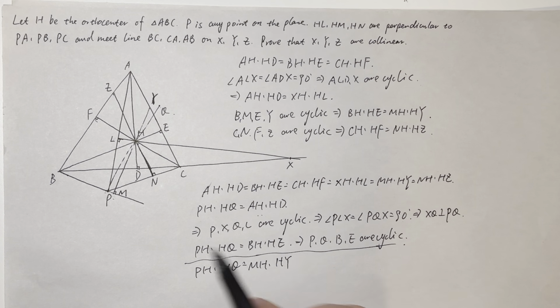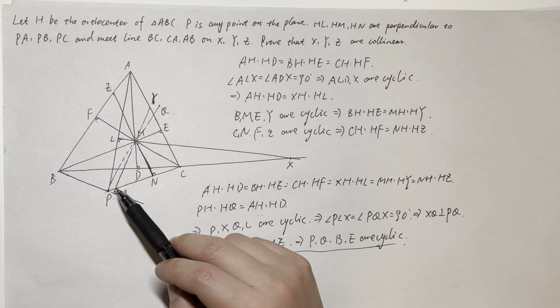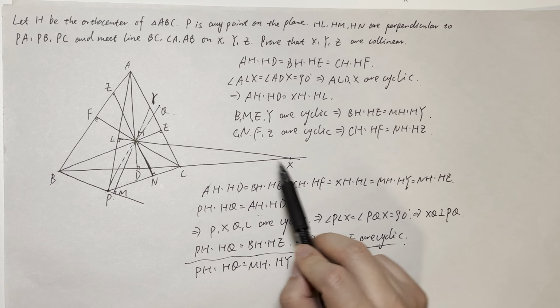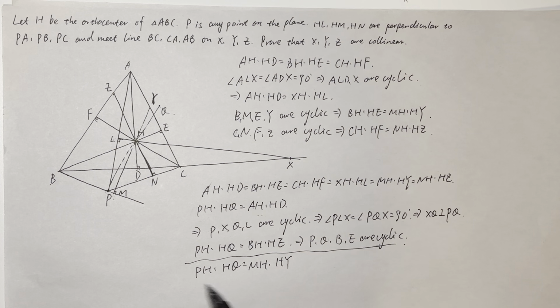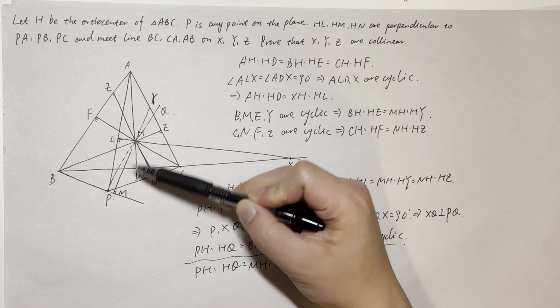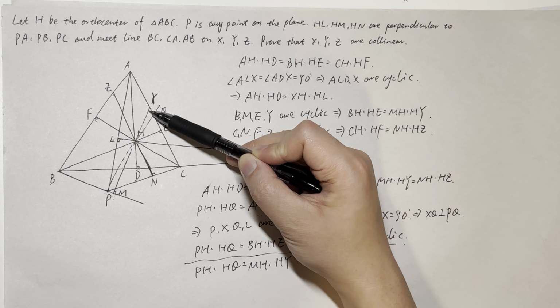We got the previous one as cyclic based on PH times HQ equals XH times HL, right? So here we use MH times HY. So PH times HQ equals MH times HY.